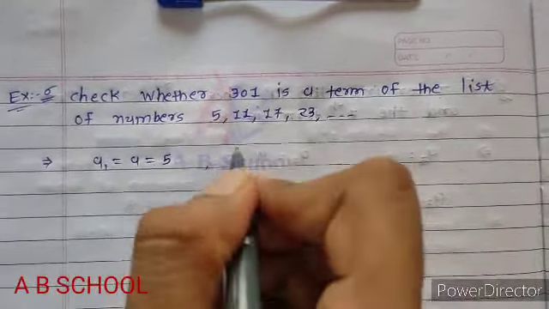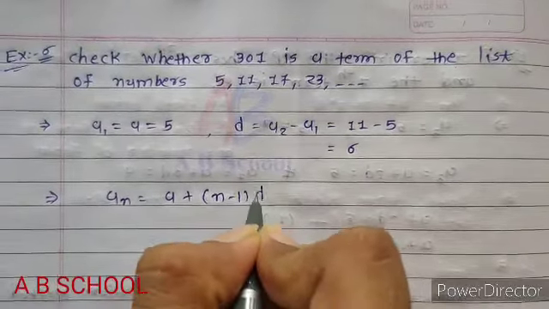Now for common difference D is equal to A2 minus A1. Second term of AP A2 is equal to 11 minus first term of AP is a 5. So 11 minus 5 is equal to 6.